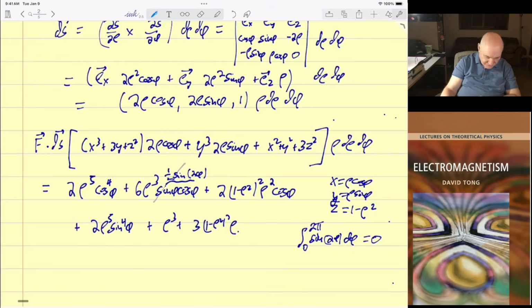Cosine phi is the same thing. When we integrate that from 0 to 2 pi, that's gone. So I'm now left with these 4 terms.